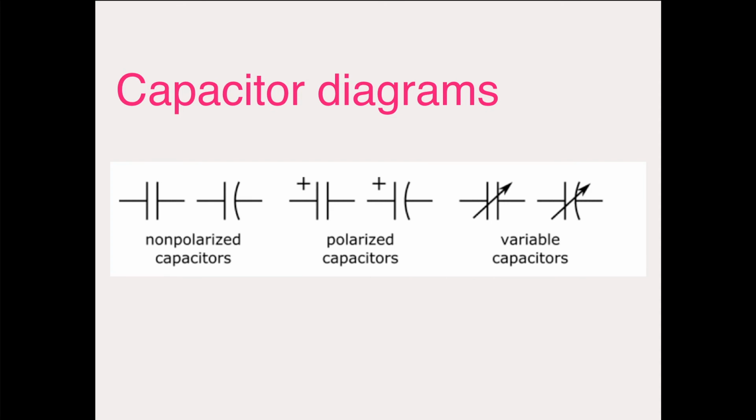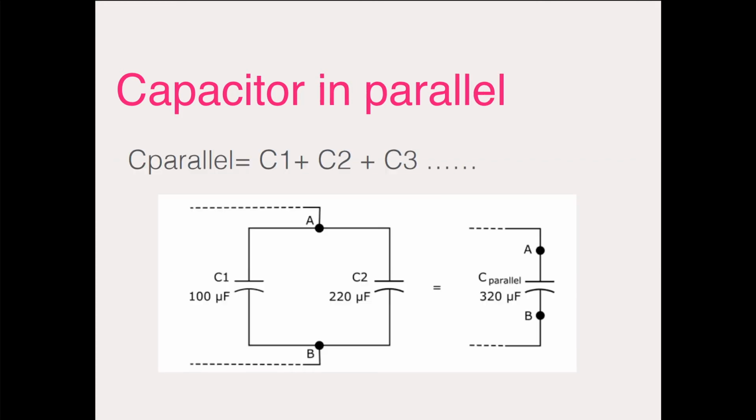Here are some capacitor diagrams again, just to review. Non-polarized capacitors do not have a plus sign on one side. Polarized capacitors do. Variable capacitors, just like variable resistors, have an arrow running through them. Capacitors in parallel work like resistors in series, mathematically.